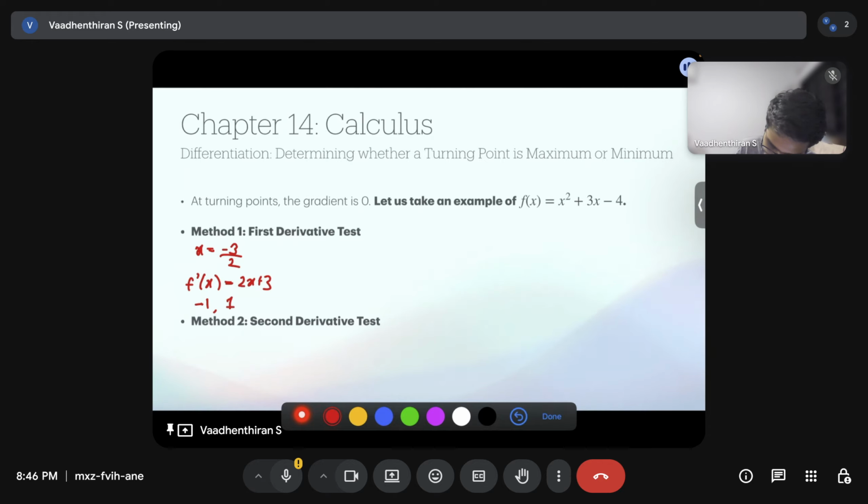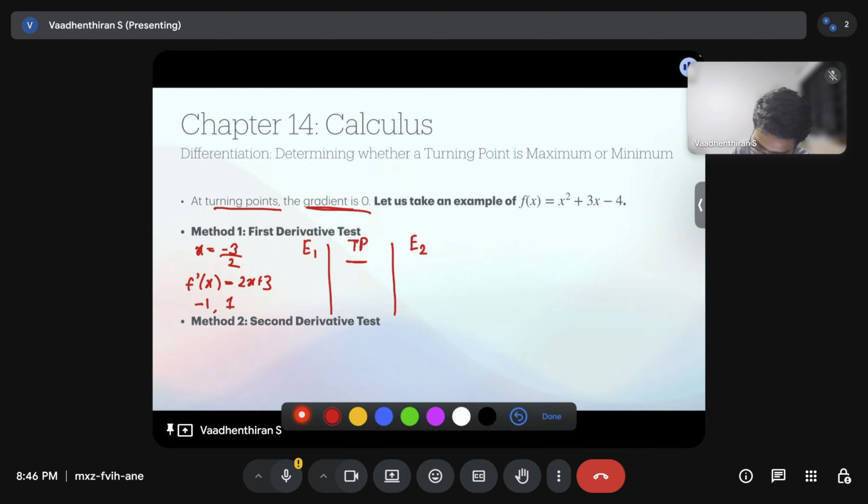You know that at turning point it will be 0, so we just draw a table like this. This is the gradient 0, so at turning point it is 0. Let's take this as extreme 1 and extreme 2. So at extreme 1, if it is negative 1, no, actually you need to go in order.